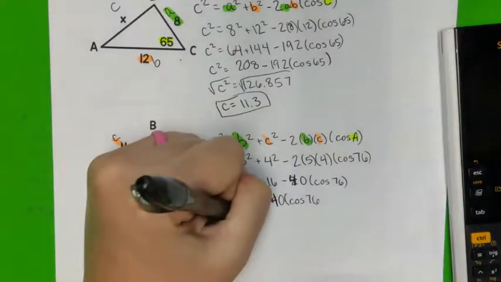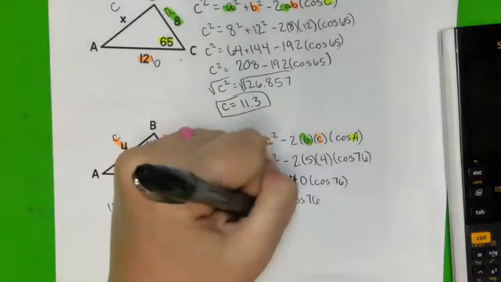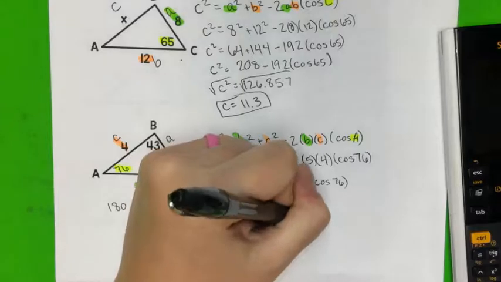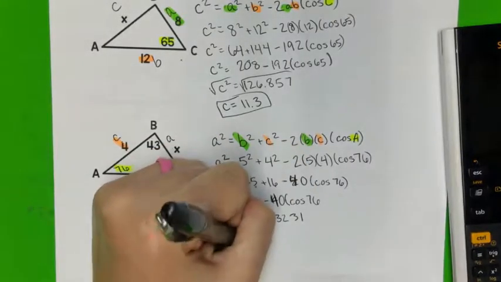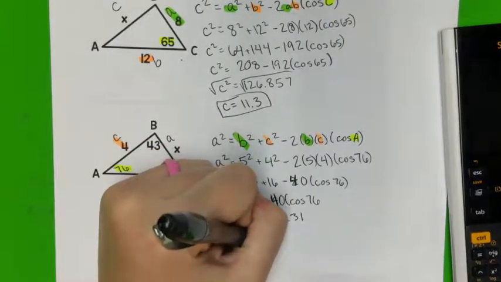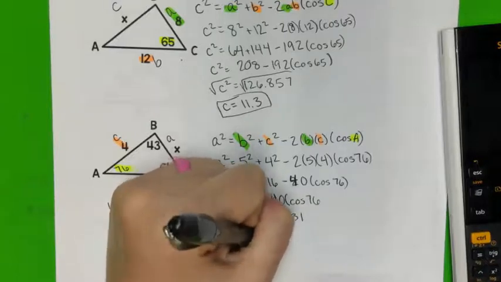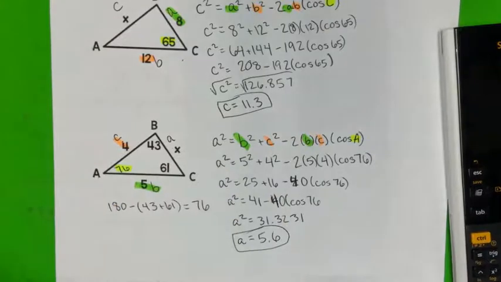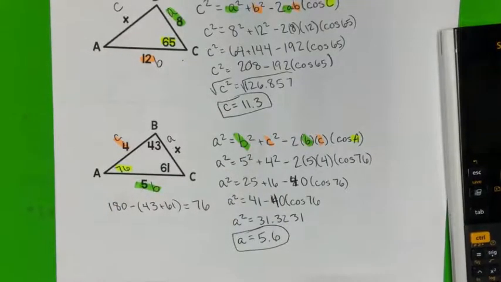And a squared, when we put that in the calculator, is 31.3231. And then a ends up being about 5.6. Okay, that's the calculating aside for law of cosines.